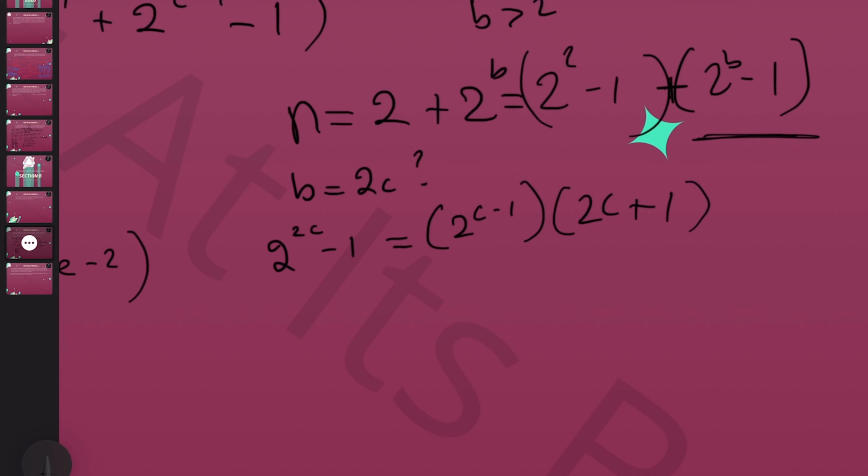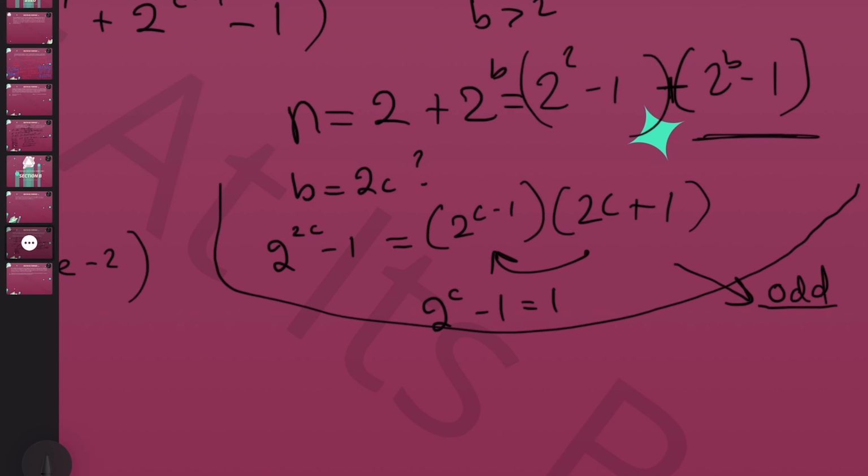And remember, this has to be a prime. So if it is a prime, then one of these must equal 1, which could be this one. And if that is the case, then 2 to the c minus 1 equals 1, which means c would have to equal 1, which means b would have to equal 2, which we know cannot be true. And that proves that b cannot be even.